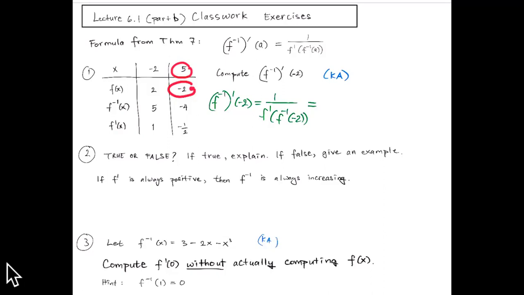So that means f inverse of negative 2 is 5. And in fact, that's already given in the table. So I replace f inverse of negative 2 with 5. So now I just have to compute f prime of 5, which is negative 1/2. So I get negative 2.